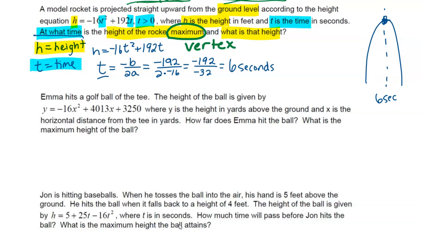And then for the total, now you're plugging in for the height. So we found the 6. We want to know the height. So we're going to plug 6 seconds back into our equation. So h equals negative 16 times 6 squared plus 192 times 6.